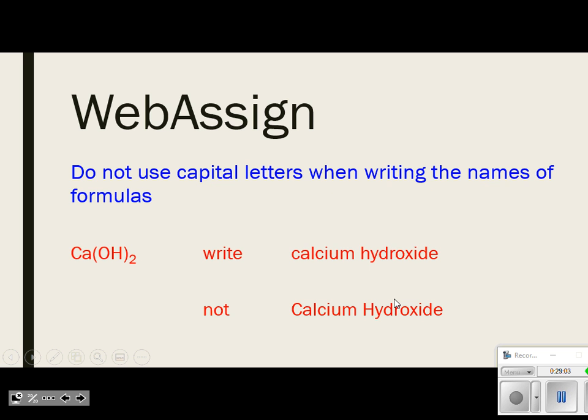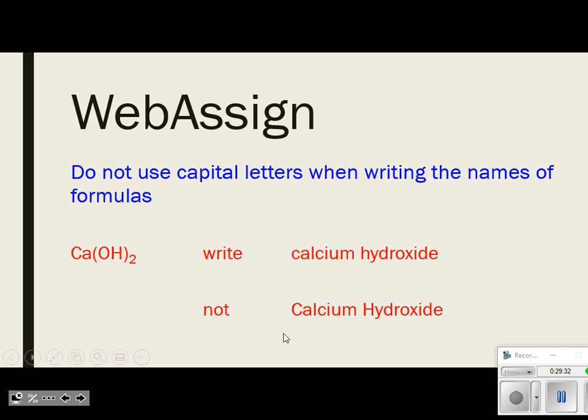Something else about WebAssign. Do not use capital letters when writing the names of formulas. Do not use capital letters.